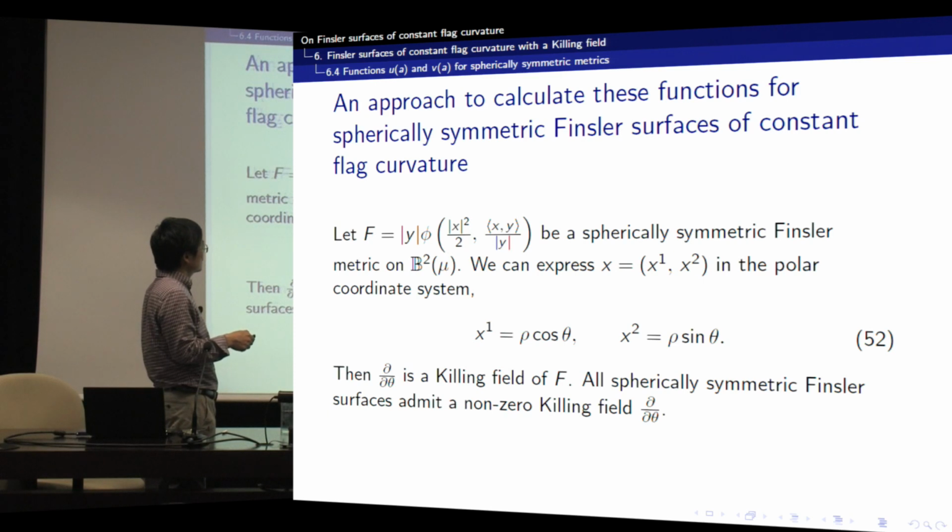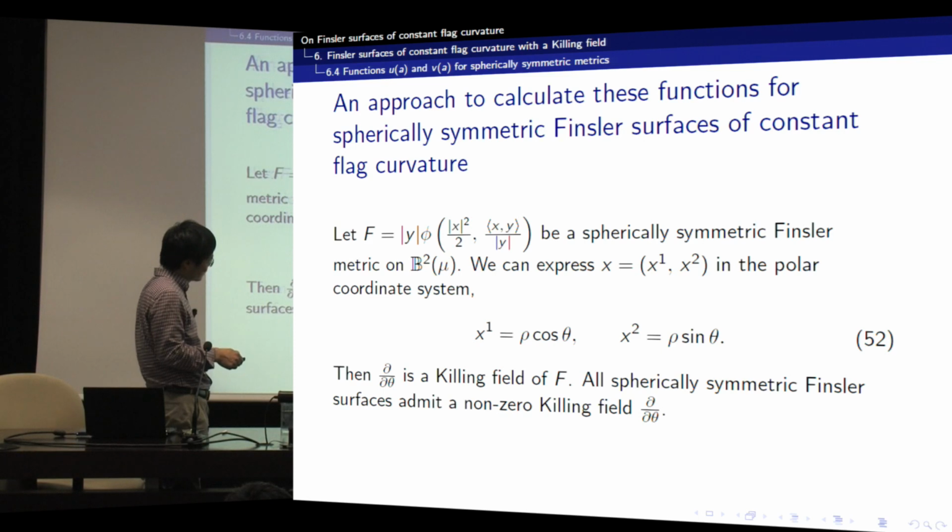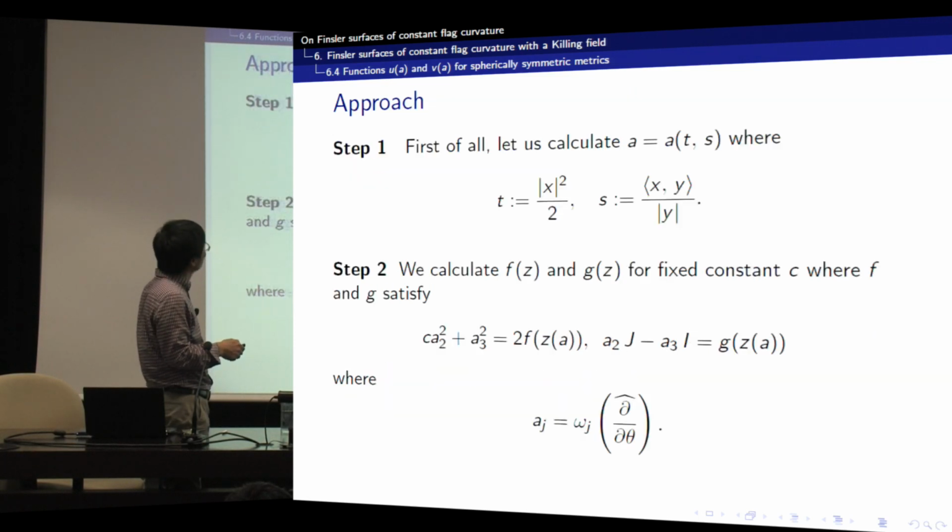We can express x = (x1, x2), with x1 = ρ cos θ and x2 = ρ sin θ. Then ∂/∂θ is a Killing vector field of F. So all spherically symmetric Finsler surfaces admit a non-zero Killing vector field, ∂/∂θ.